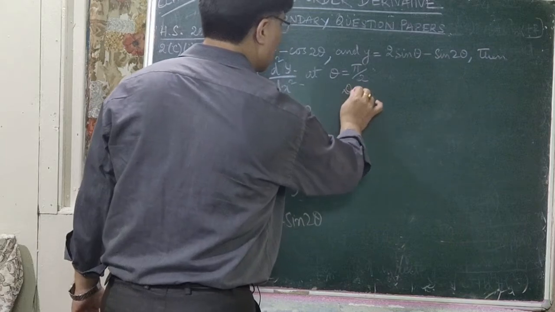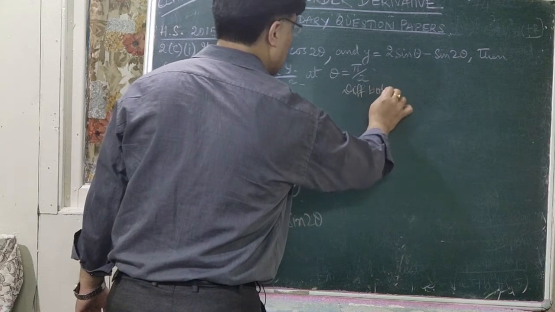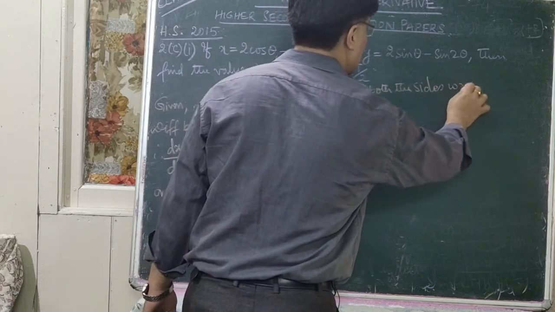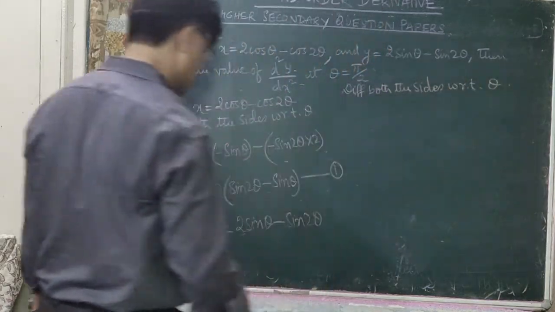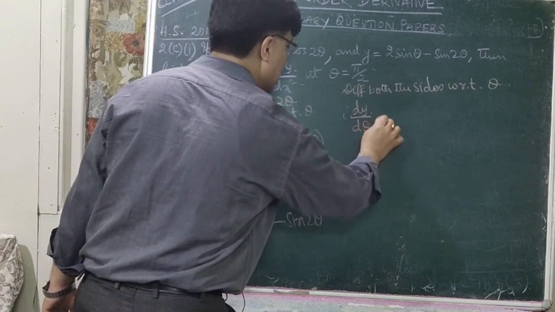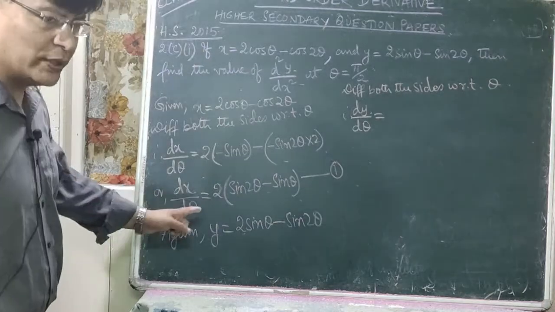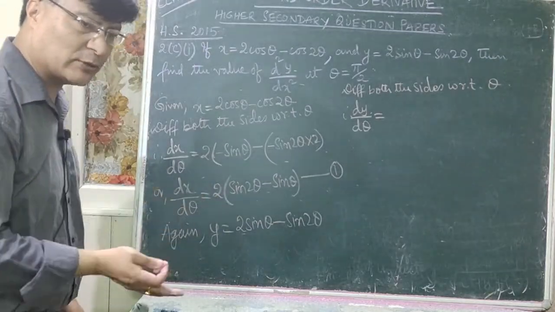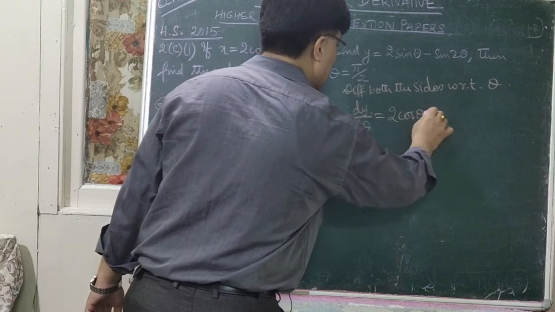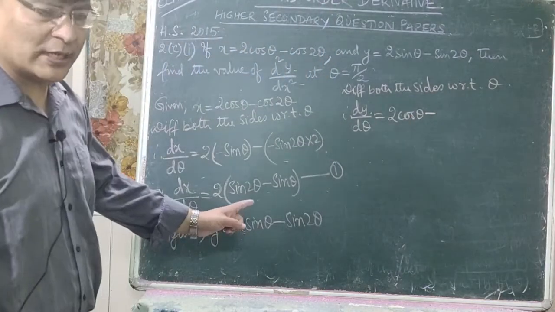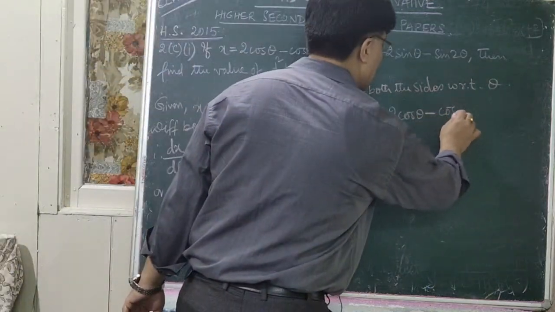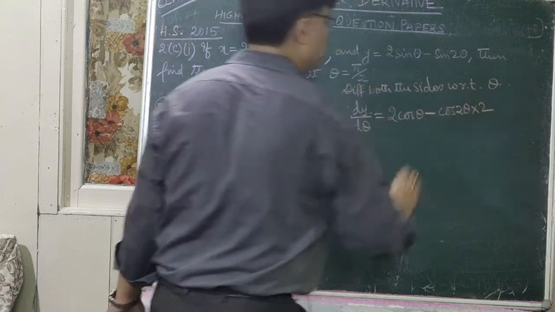So dy by d theta is equal to 2 into the differentiation of sin theta with respect to theta, that is cos theta. 2 remains the same, cos theta, minus the differentiation of sin 2 theta with respect to theta, which is cos 2 theta into 2.